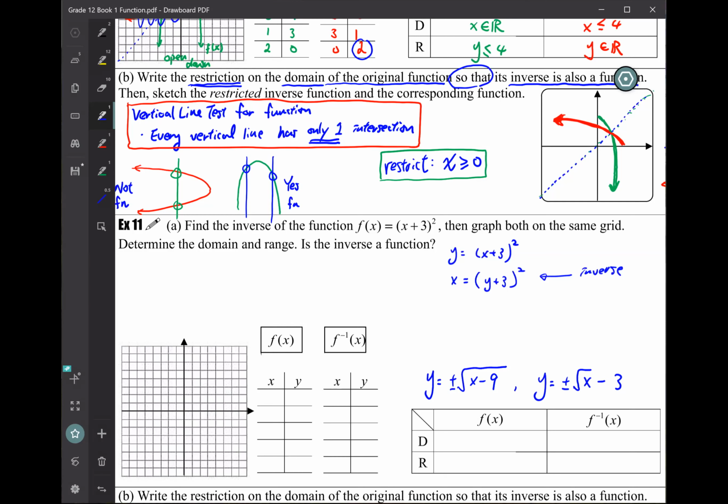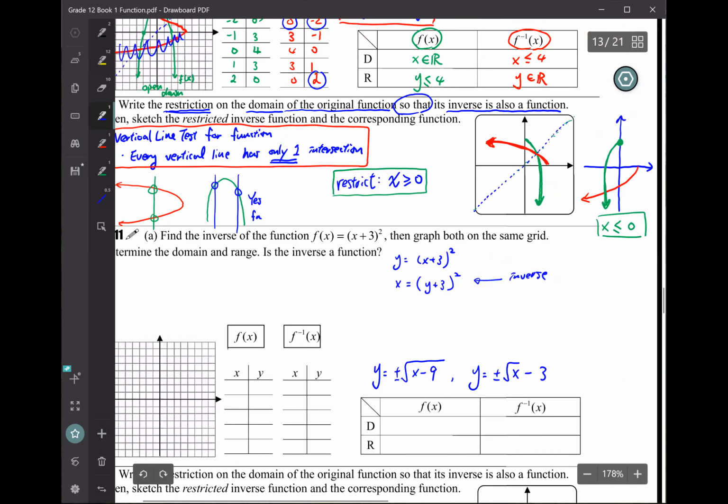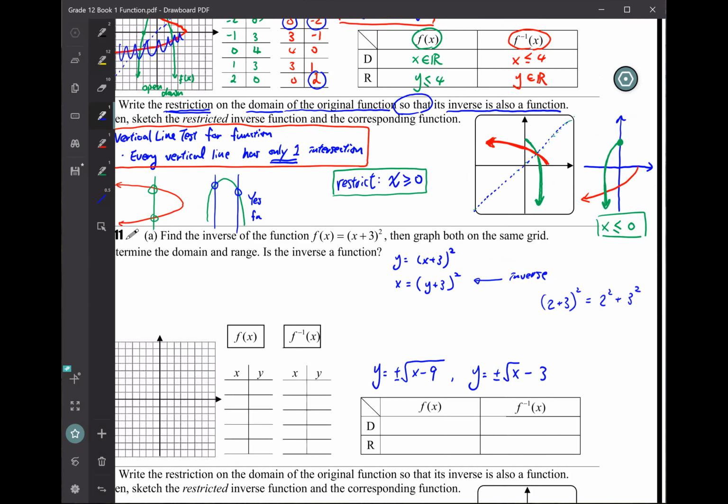Okay, so this is the part you cannot do. Think about it, okay? If I have 2 plus 3 squared, will that equal 2 squared plus 3 squared? No. What's the left side equal? 25.